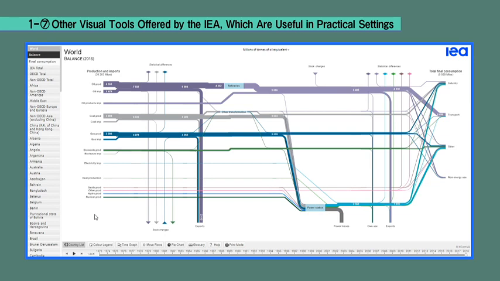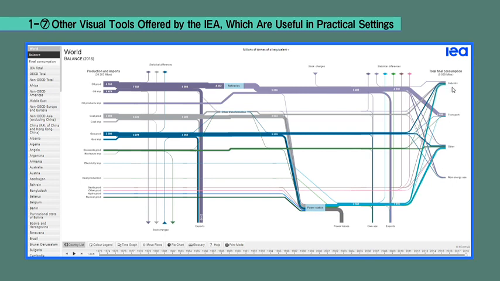The left side shows supply by energy source. From the top, it's oil, coal, gas, biomass, nuclear, and other supplies. As the flow goes farther to the right, conversion takes place, with refineries at the top and power station at the bottom.